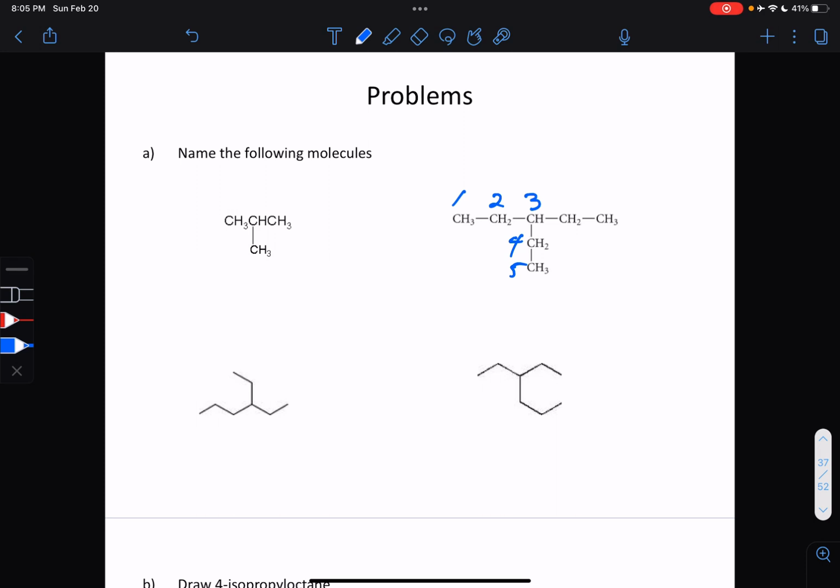If we go right to left, we'd have a 5-carbon chain. And if we go right to left and then down, we have a 5-carbon chain. So on this one, we're probably going to want to keep it simple like we did with the one on the left, and number it left to right.